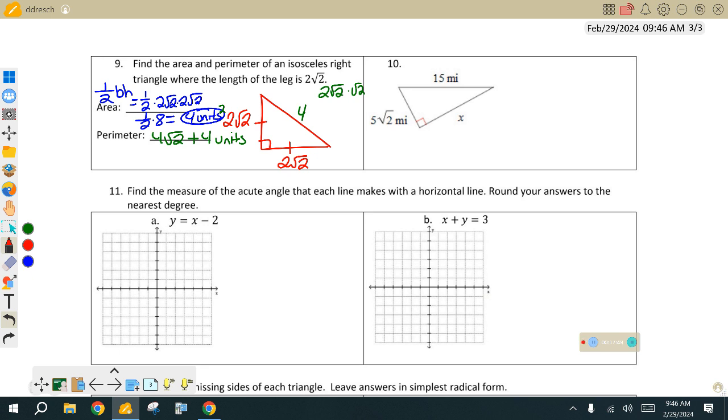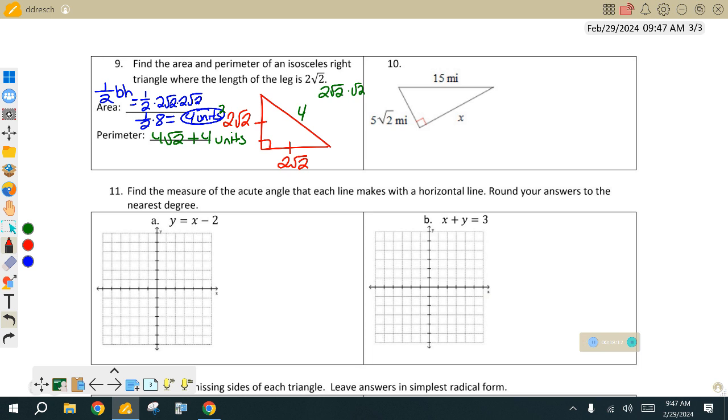On number 10, we are using Pythagorean theorem. Just because we're focused on special rights today and tomorrow in trigonometry, don't forget about Pythagorean theorem. What up there tells you it's a 45, 45, 90? Nothing. Patrick said it's not a 45, 45, 90. It's not isosceles right.